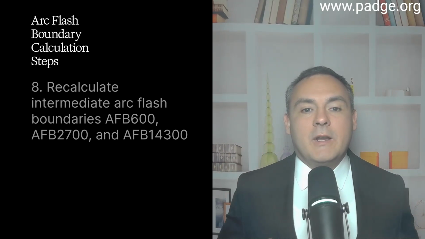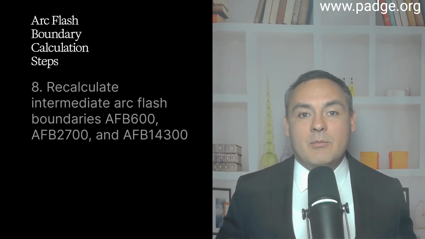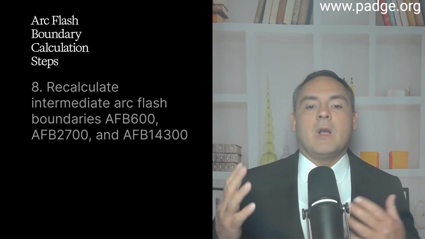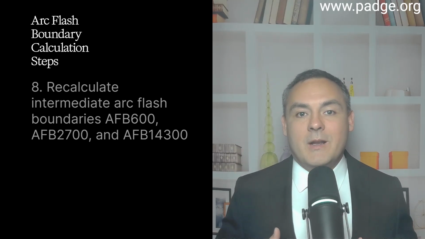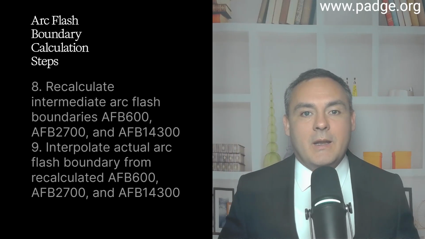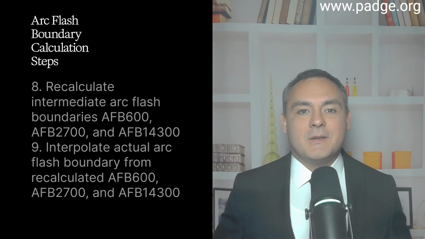Number 8, recalculate the intermediate arc flash boundaries AFB 600, AFB 2700, and AFB 14,300 with the updated clearing times and IARC 600 min, IARC 2700 min, and IARC 14,300 min. Number 9, interpolate the actual arc flash boundary from the recalculated AFB 600, AFB 2700, and AFB 14,300.